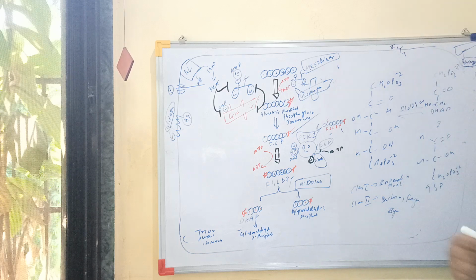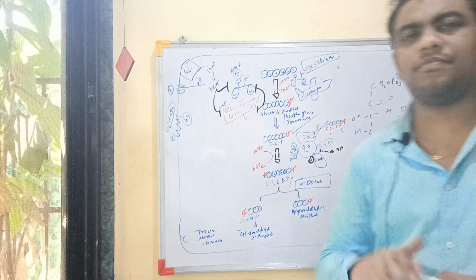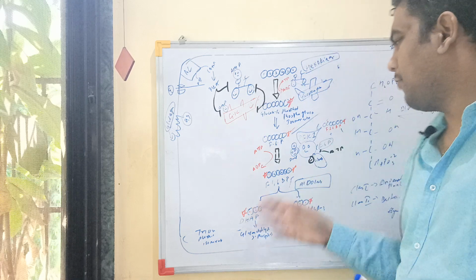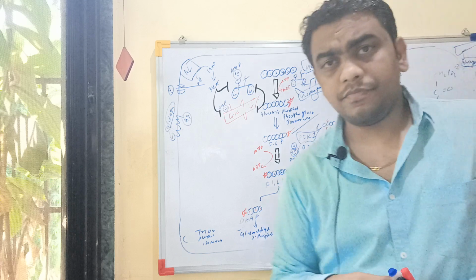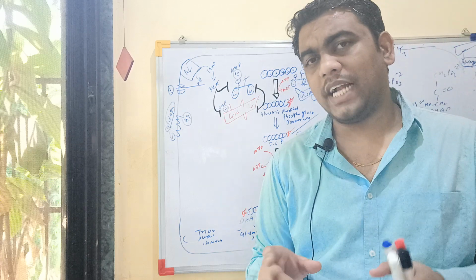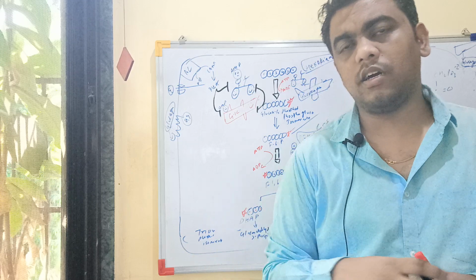So class 1 is different from class 2, but they do the same role of converting fructose 1,6-bisphosphate into the two triose molecules, DHAP and G3P.